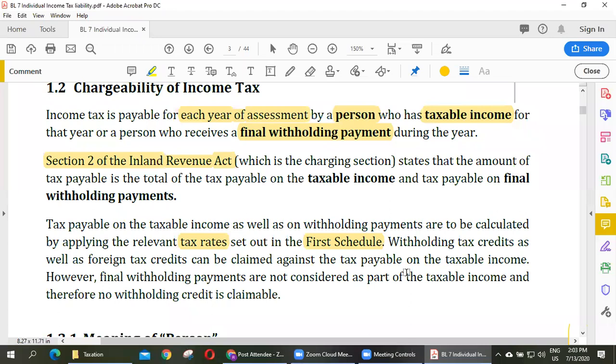Withholding tax means you have already paid tax on certain income. Say, for example, you deposited money in a commercial bank on fixed deposit, say you have deposited 1 million into HNB. At the end of the year you will receive interest from that bank.